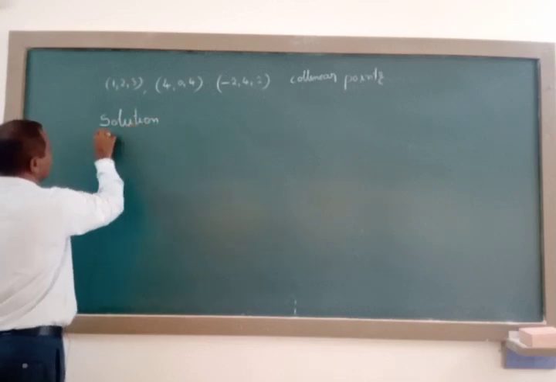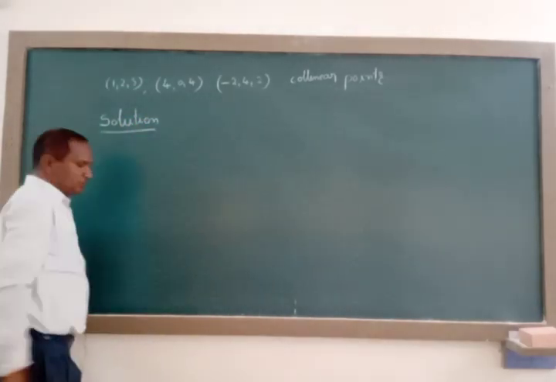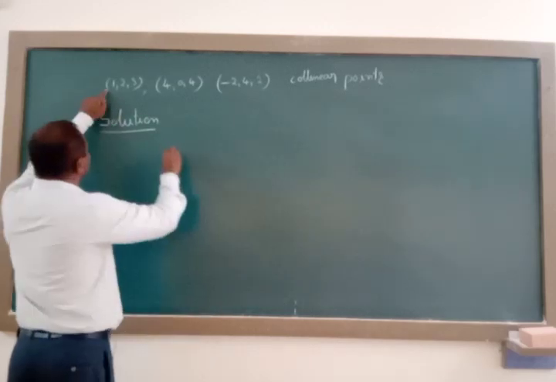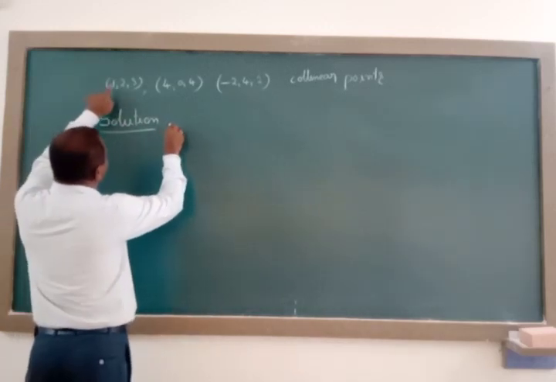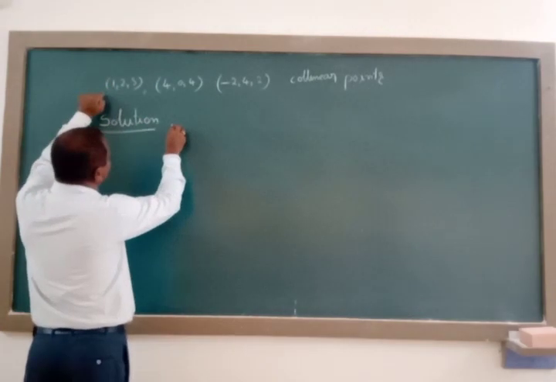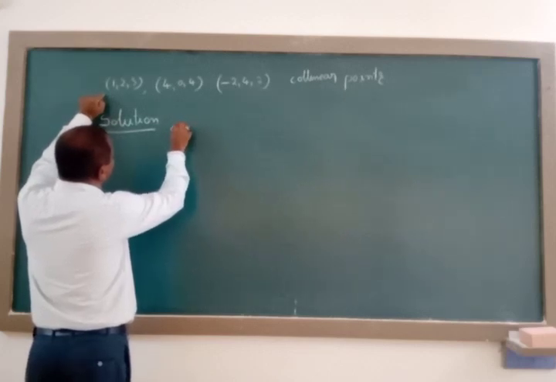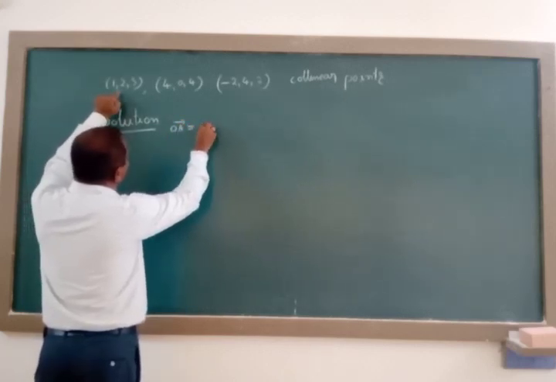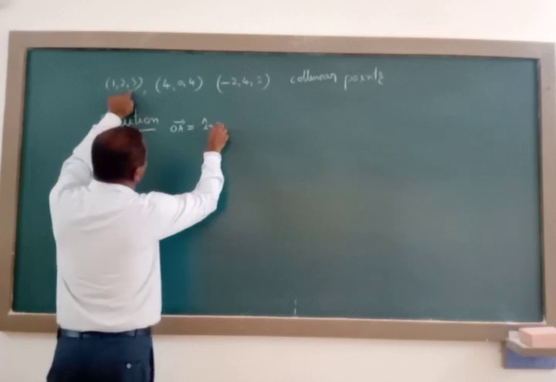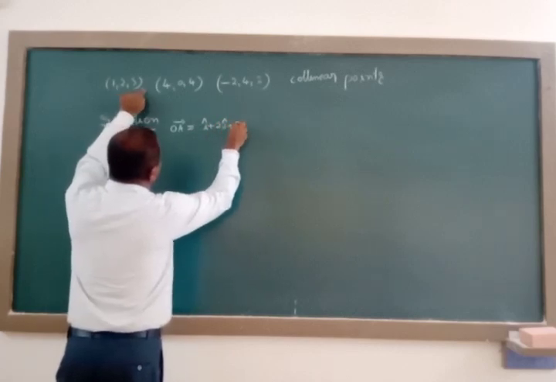Solution. Let the position vectors of the given 3 points A, B and C be given by OA bar is equal to 1i cap plus 2j cap plus 3k cap.